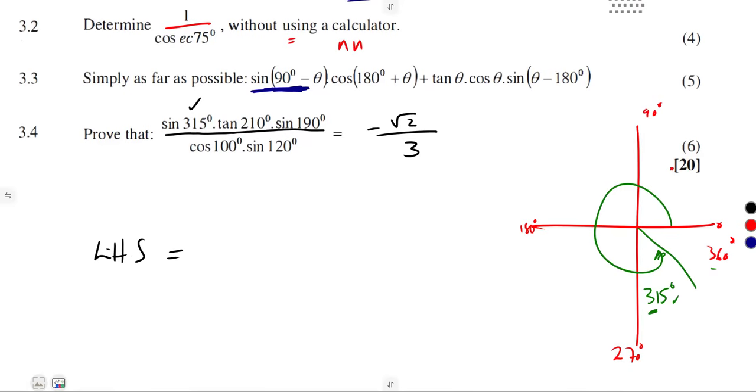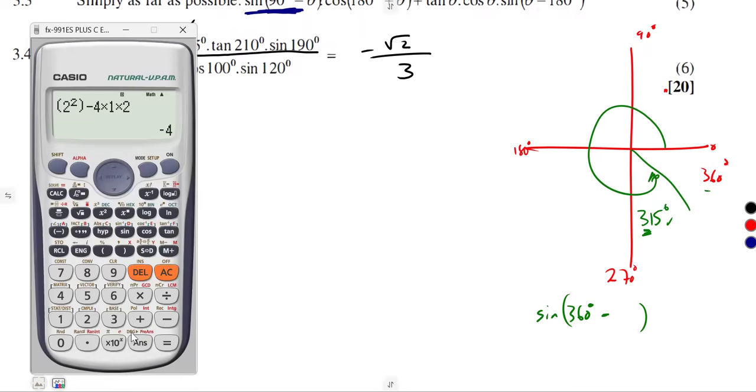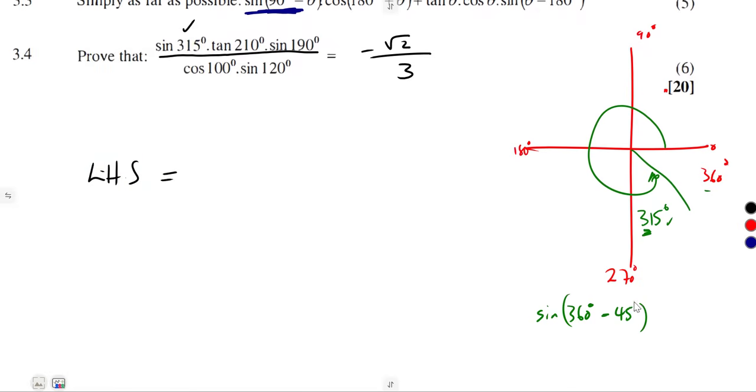So it was supposed to be sine of 360 degrees minus something to get this 315. So what is that something? You just subtract it from 360. 360 minus 315, you know that something that was supposed to be subtracted, 45. So 360 minus 45 gives you what? 315. So it is the same as sine of 360 minus theta, theta being our acute angle there.